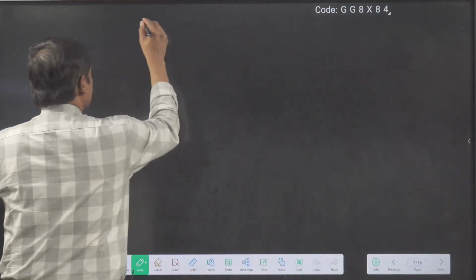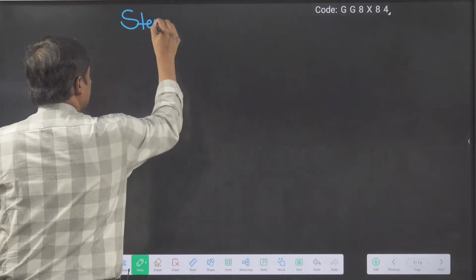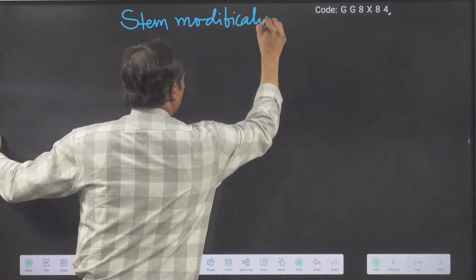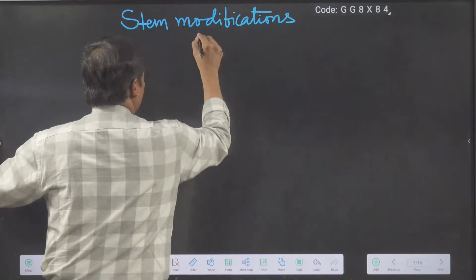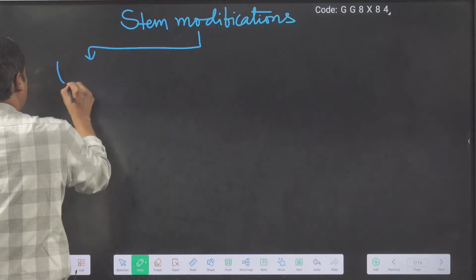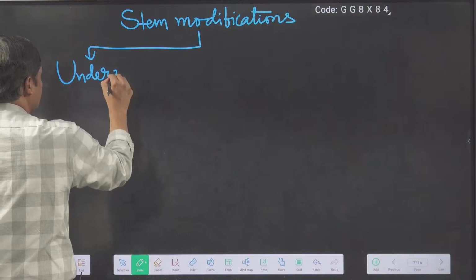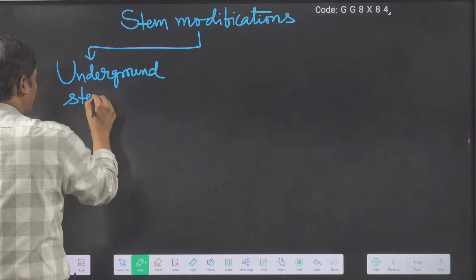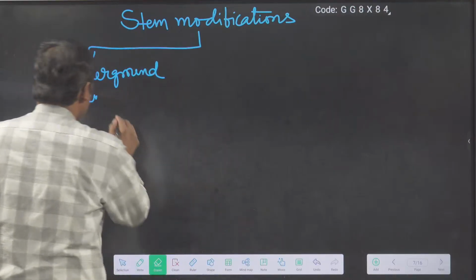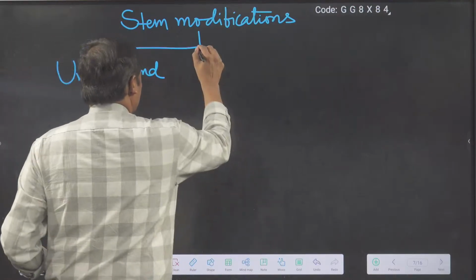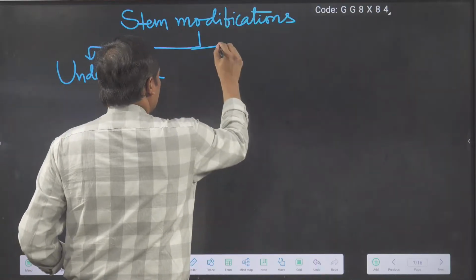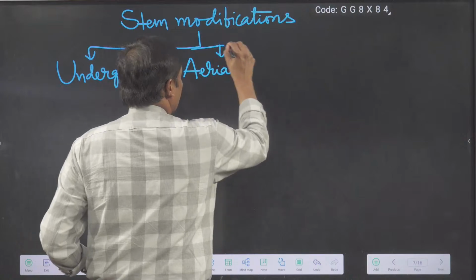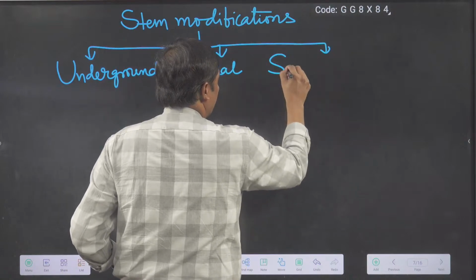There are three types of stem modifications, namely underground stem modifications, then aerial stem modifications, and subaerial stem modifications.